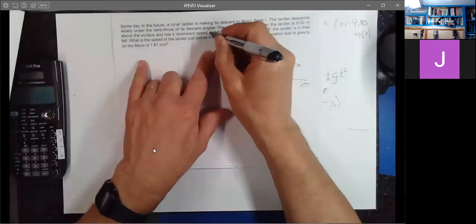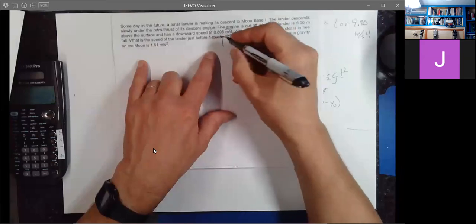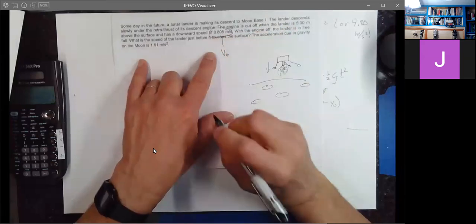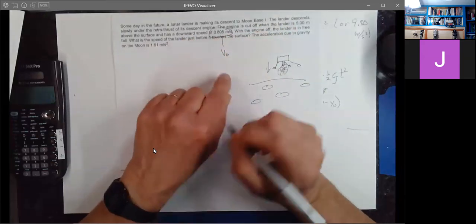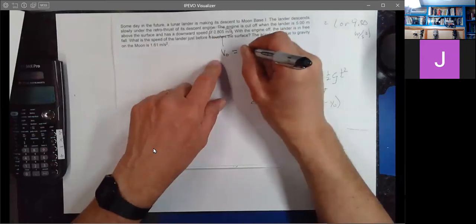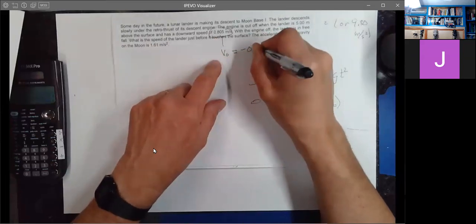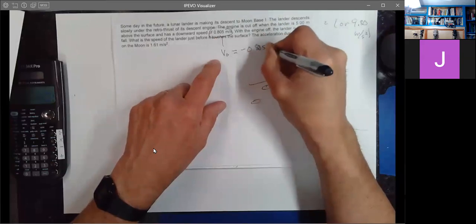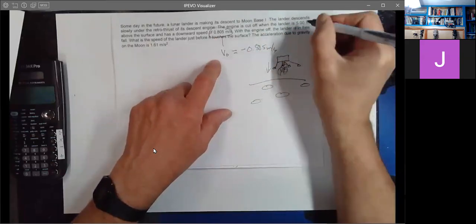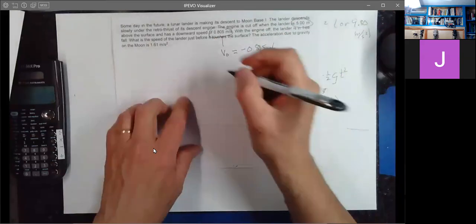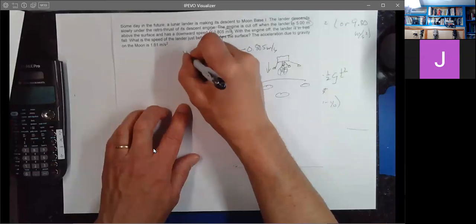This is going to be V naught for our situation, but it's downward. And so V naught is going to be minus 0.805 meters per second. Y naught is going to be 5.00 meters.